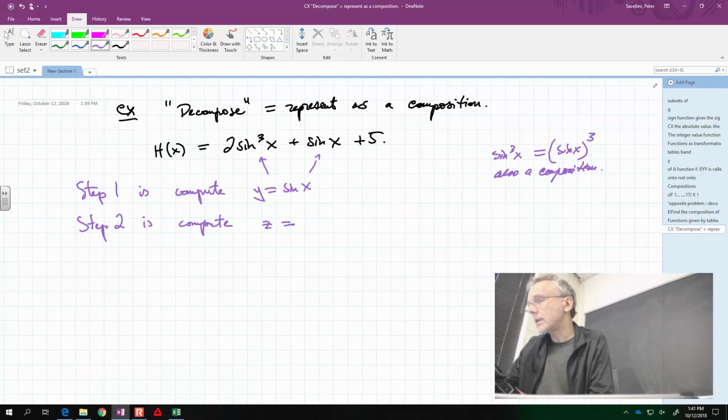So what is the second function? So think about reverse substitution.